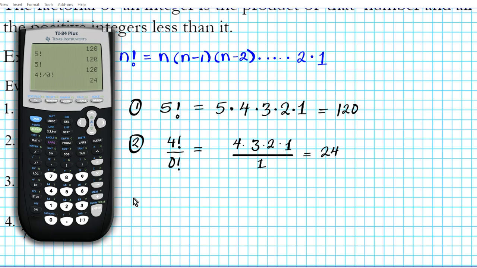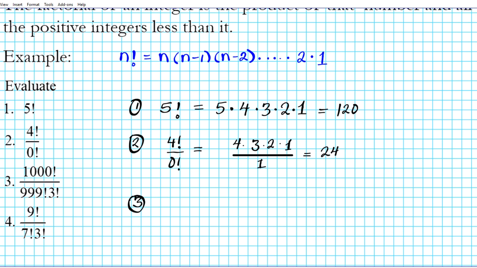Now let's go over an interesting question that highlights the limitations of the factorial computation program in the calculator. Okay, so 1000 factorial divided by 999 factorial times 3 factorial. So let's go ahead and solve this.